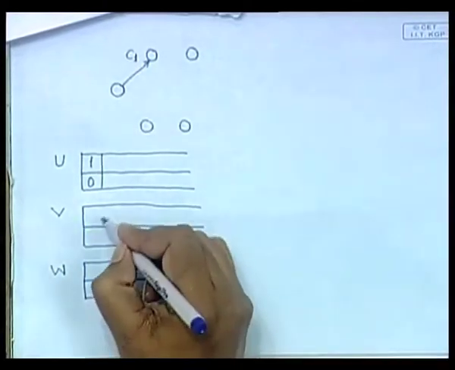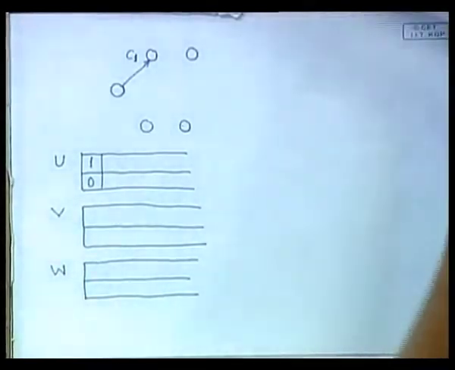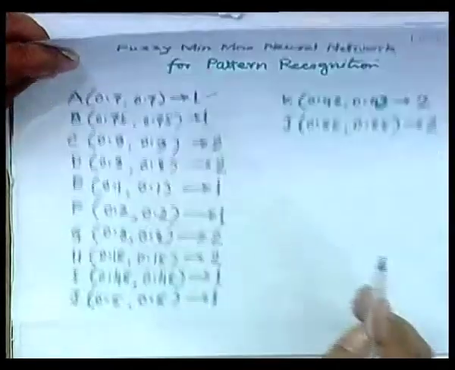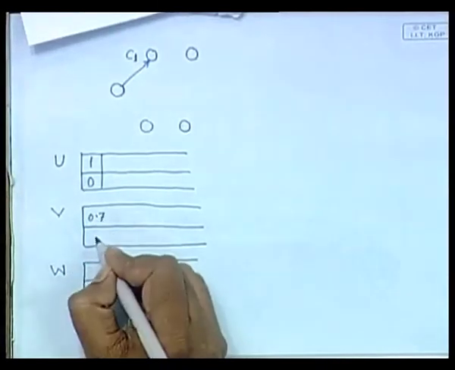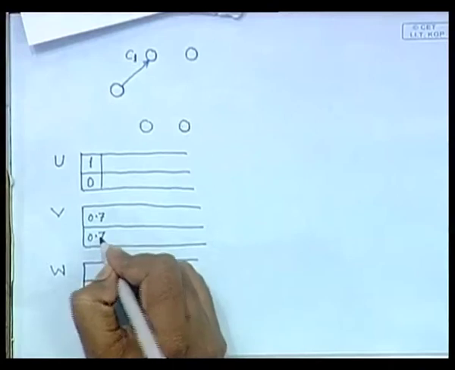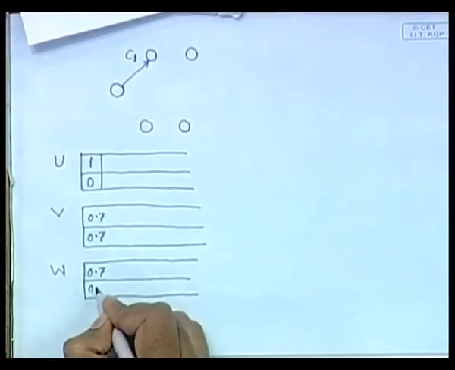The min point and max point will be the same as this feature vector, (0.7, 0.7).